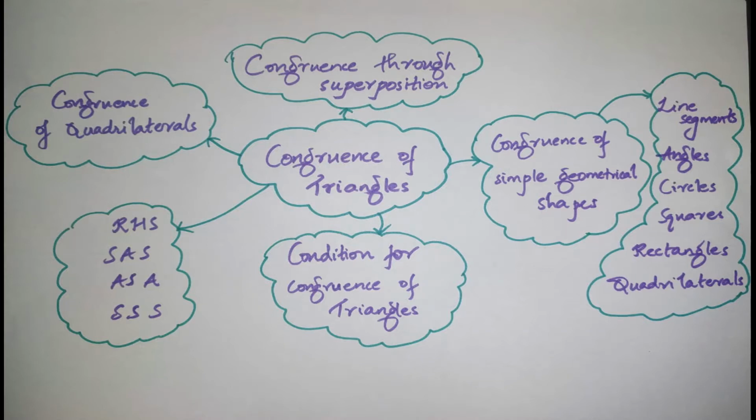And we would learn the conditions for congruence of triangles. What are the conditions? SSS congruence condition, that is side, side, side. SAS congruence condition, that is side, angle, side. ASA congruence condition, that is angle, side, angle, and RHS congruence condition, which is right angle, hypotenuse, side.